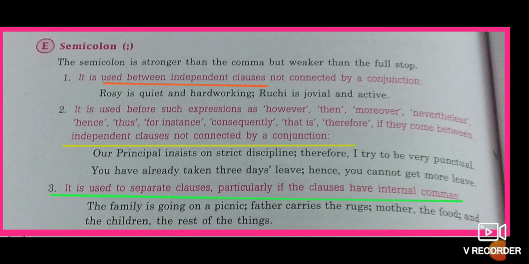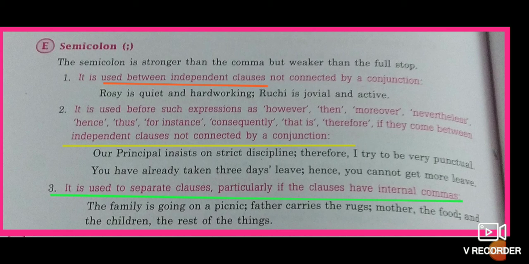The next use is it is used before such expressions like however, then, moreover, nevertheless, hence, thus, for instance, consequently. If such expressions are given between the independent clauses and if those clauses are not connected by a conjunction, then also we can use a semicolon.